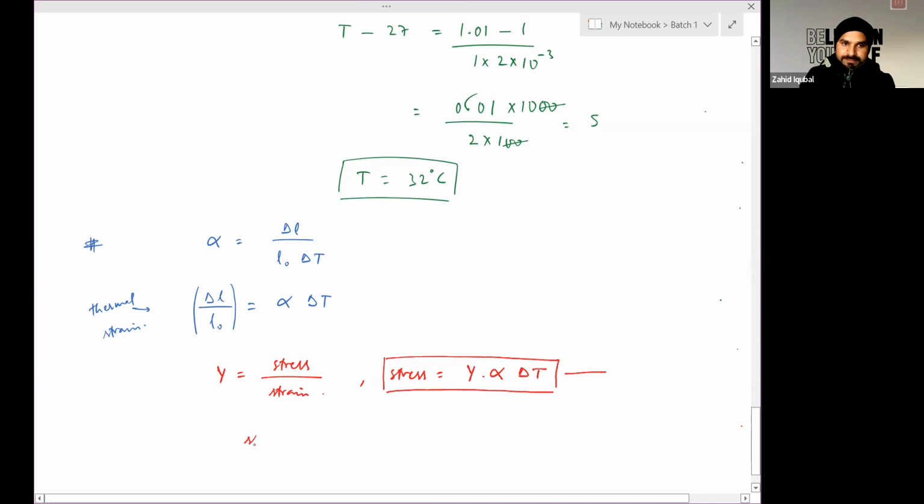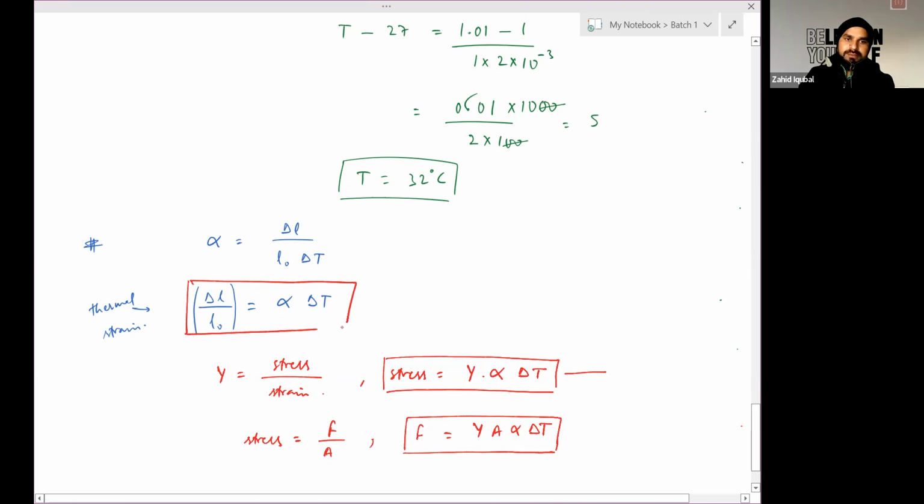Now further, stress equals force divided by area of cross section. So if you have to calculate force developed due to change in temperature, it will be area times stress, that is Y A alpha times delta T. So related to this thermal expansion, we may find these three different quantities.